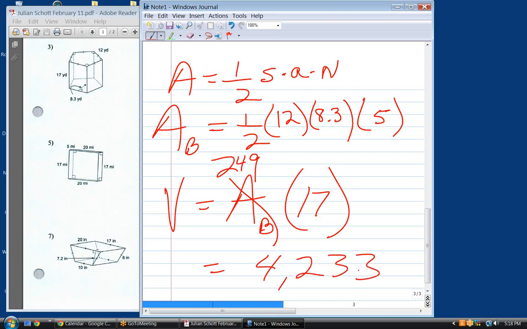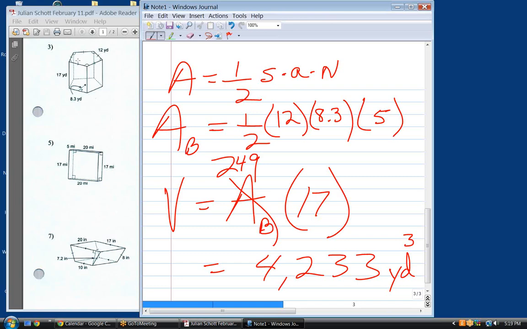What are the units? Yards. Cubic yards. Yards cubed. Do you see why? In other words, when we're measuring in one direction only, it's yards. The length of that side of that pentagon is in yards.